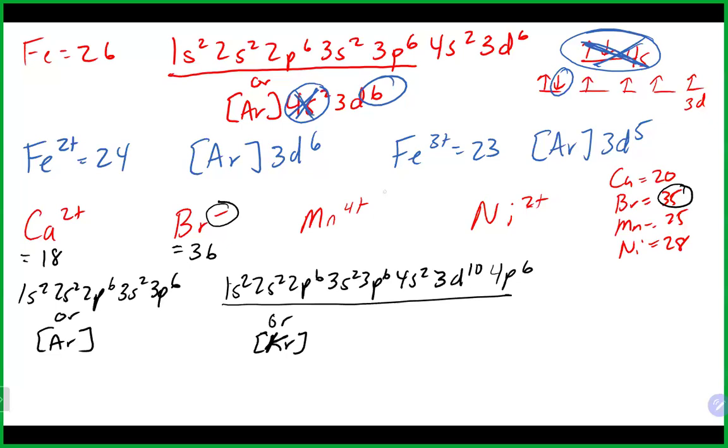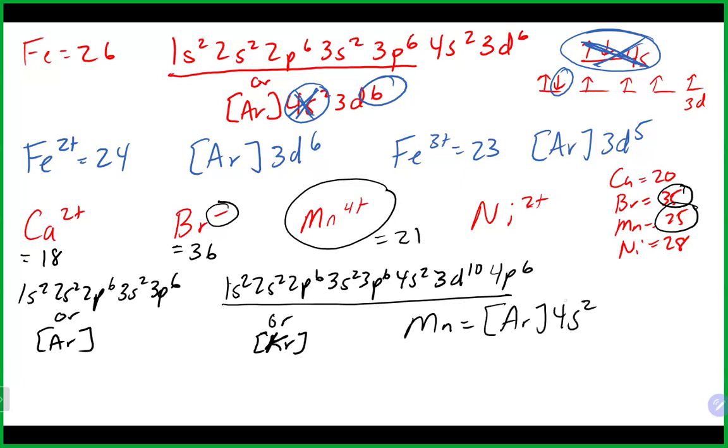Now coming to our Mn, that is 25 less 4 electrons, which means it's going to end up at 21 electrons in this case. With no charge, Mn is argon 4s2 3d5.